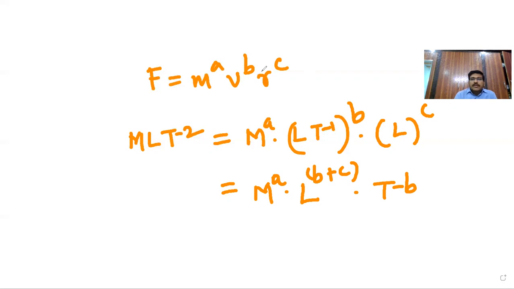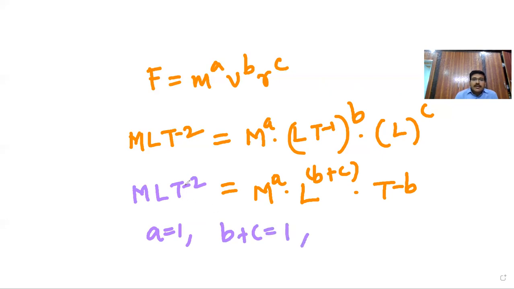If you equate this to the left hand side, M L T to the power of minus 2, on both sides, if you equate the powers of similar quantities, mass power on the left hand side and right hand side, then a is equal to 1. Similarly, L left hand side, L right hand side, if I equate the powers, b plus c is equal to 1.